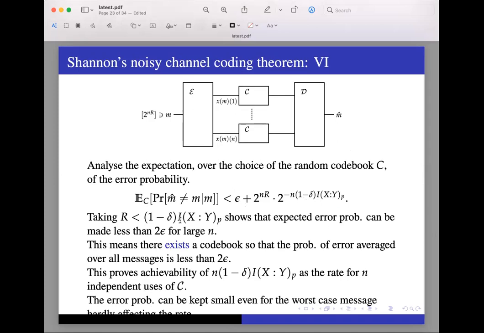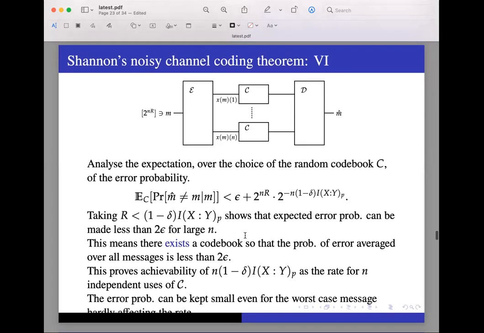Now if I take R to be less than this quantity, this shows that the expected error probability can be made less than 2 epsilon for large N, which means that there exists a codebook so that the probability of error averaged over all messages is less than 2 epsilon, just instantiation. So this proves the achievability of N times the mutual information times the fudge of 1 minus delta as the rate for N independent uses of the channel.